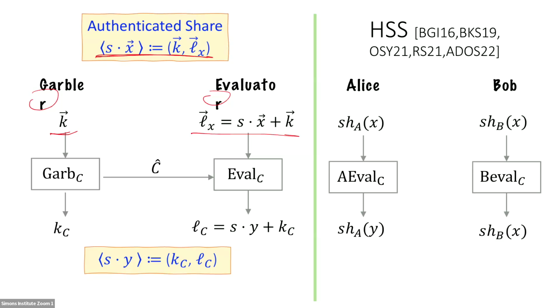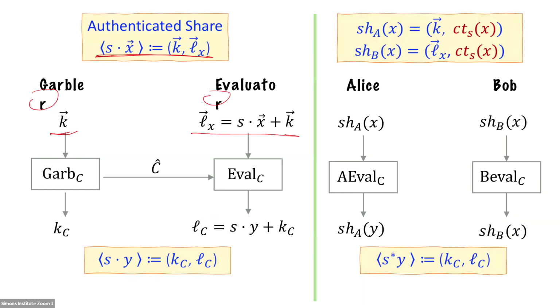Well, isn't this very similar to HSS? In HSS, the two parties start with shares of the input, and they obtain shares of the output. In fact, typically in HSS protocols, the shares of the input do contain an authenticated share of s times x, and they do evaluate, in the end, an authenticated share of the output s times y, except that they also need to give Alice and Bob both an encryption of the input x.